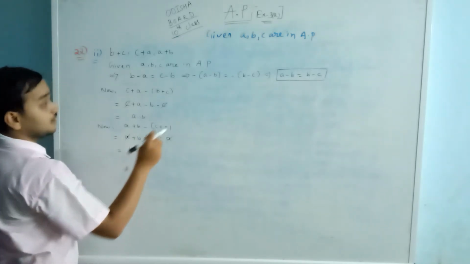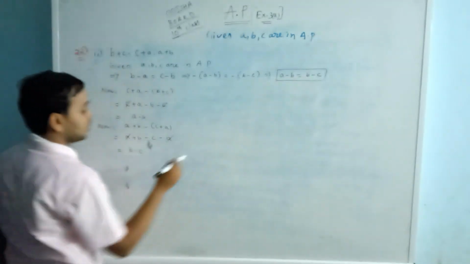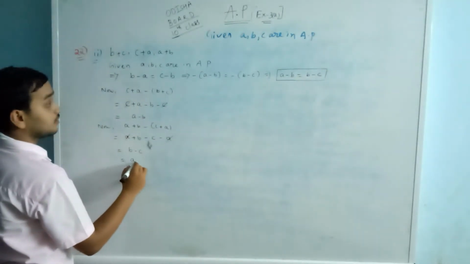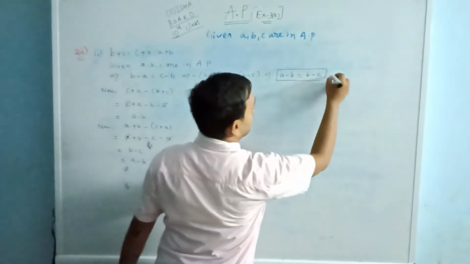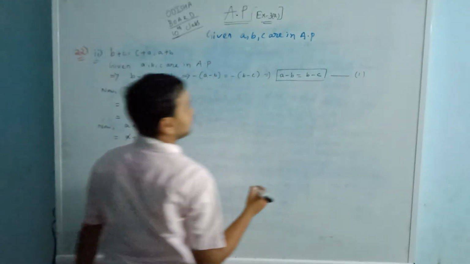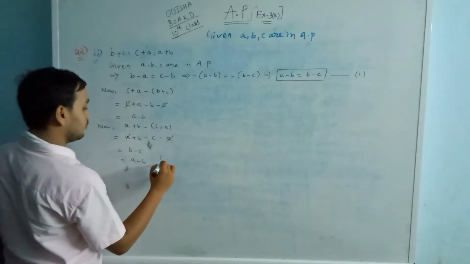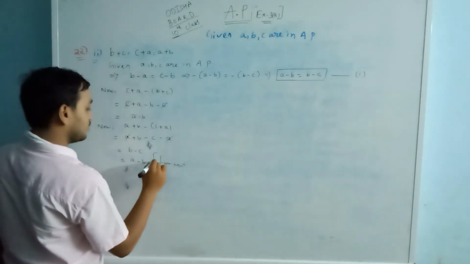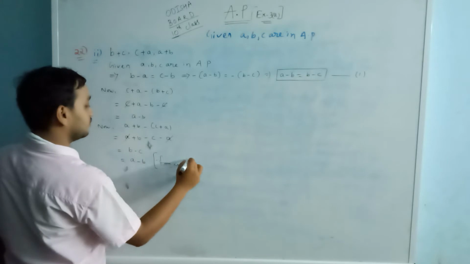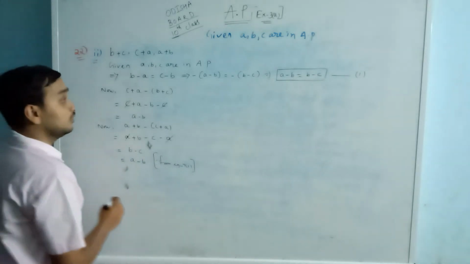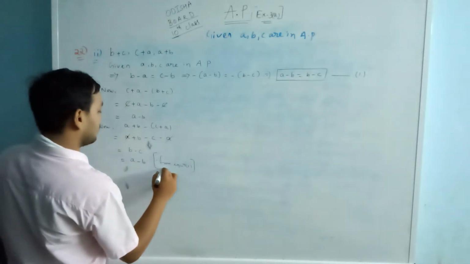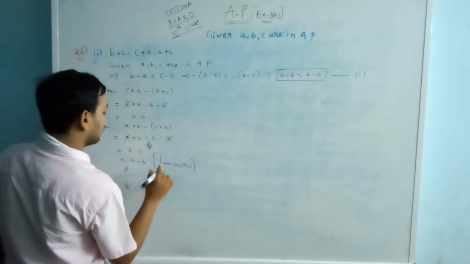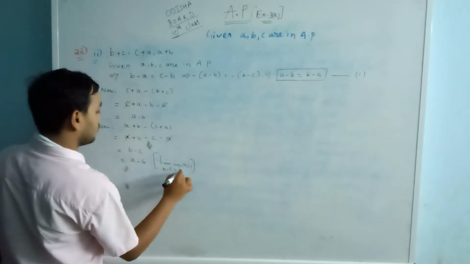B minus C. But B minus C is equal to what? A minus B. Listen, this is equation 1. So from equation 1, what? B minus C is equal to A minus B.